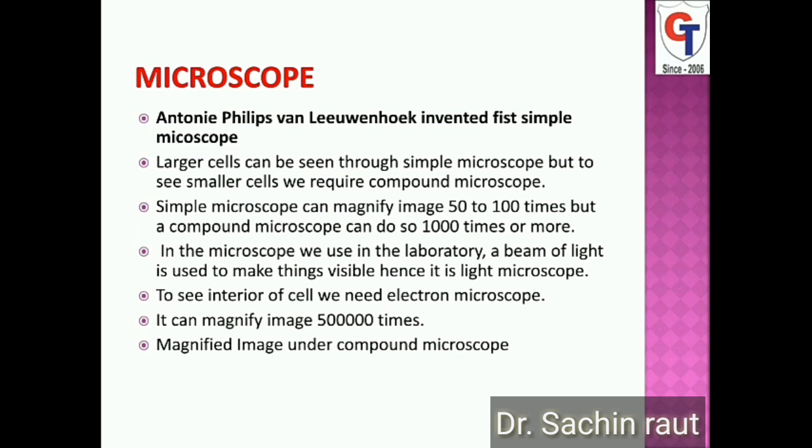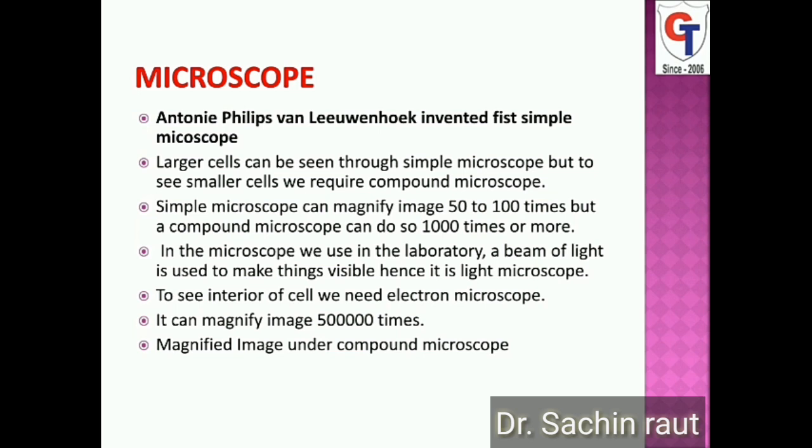The larger cell can easily be seen through the simple microscope, but the smaller cell requires a compound microscope. So by using a simple microscope we can observe the larger cells. But what about bacterial cells, prokaryotic cells? Now these smallest cells require a compound microscope.